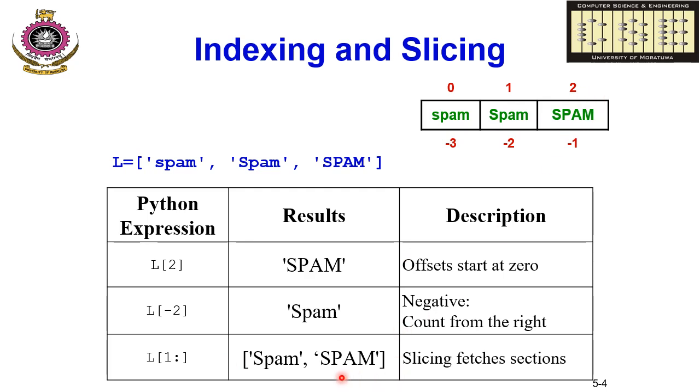So it will slice accordingly. Slicing fetches sections. In this case, the section is these two. Exclude the index 0 item, and the other two items will be fetched. So this is how indexing and slicing is performed on a list in Python.